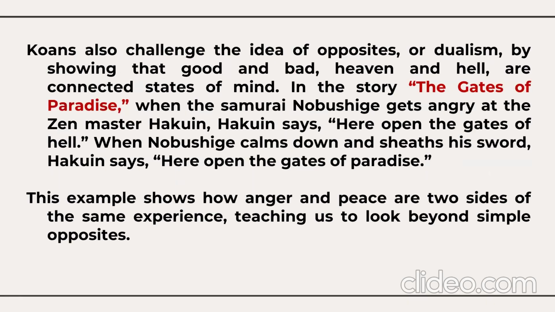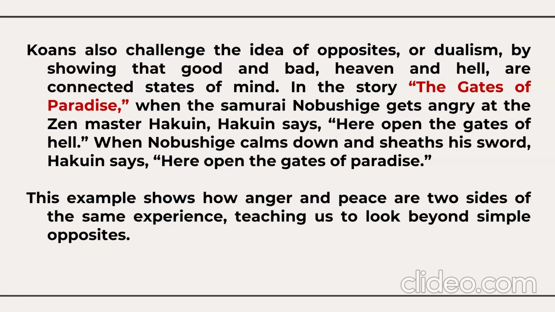Then koans also challenge the idea of opposites or dualism by showing that good and bad, heaven and hell are connected states of mind. So in the story The Gates of Paradise, when the samurai Nobushige gets angry, the Zen master Hakuin says, "Here open the gates of hell."